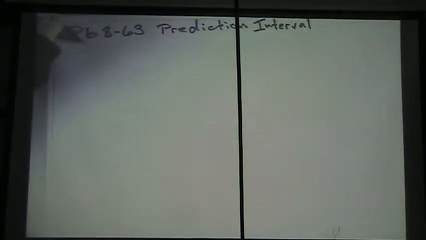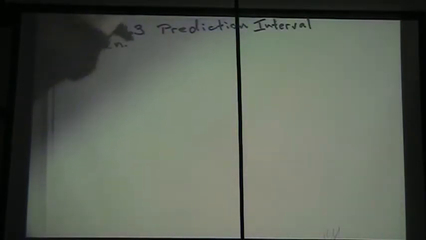All right, so we are given from problem 8-29 that our sample size is 25, that our x bar equals 1.10 fluid ounces, and that our sample standard deviation equals 0.015 fluid ounces.